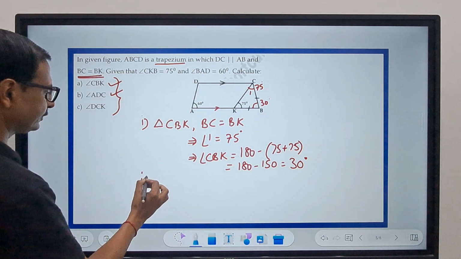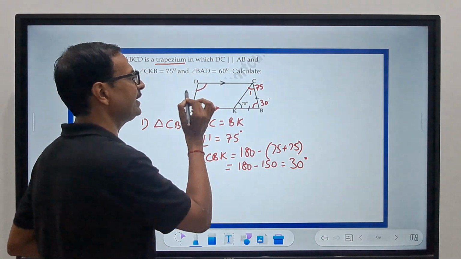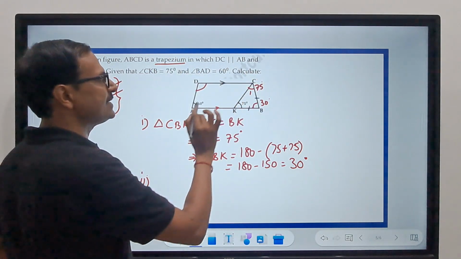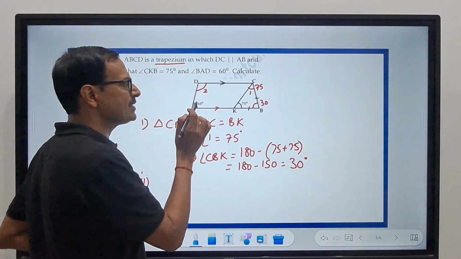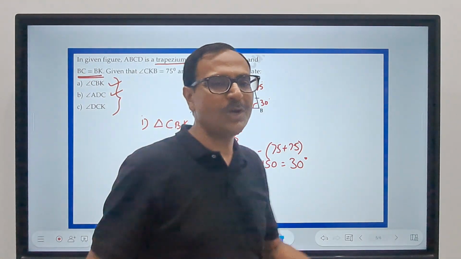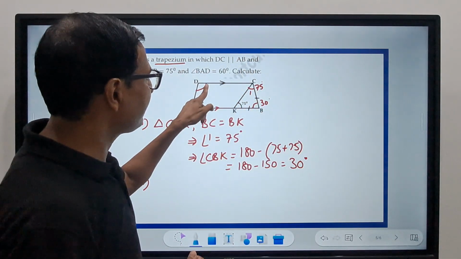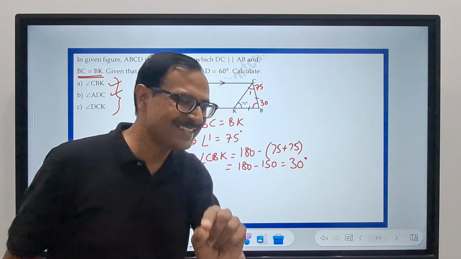ADC. Where is ADC? Oh, pretty easy. This angle, right? It's a trapezium, so these two lines are parallel. So don't you think this angle ADC, which is angle 2 in this case, and angle A are co-interior angles? Two parallel lines intersected by a transversal, the consecutive interior angles always add up to 180 degrees.